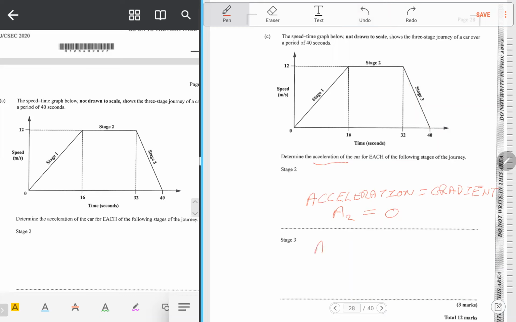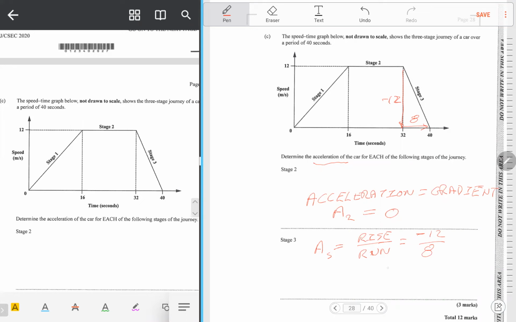So acceleration in stage 3 is rise over run because it's gradient. Now the rise in stage 3 is negative 12 because it fell, came down by 12, and then it ran 8. So negative 12 over 8.